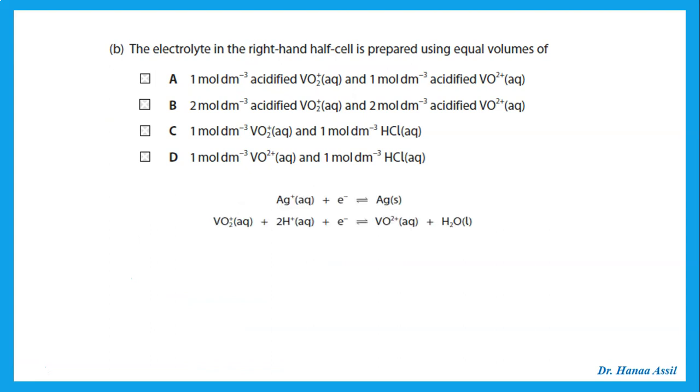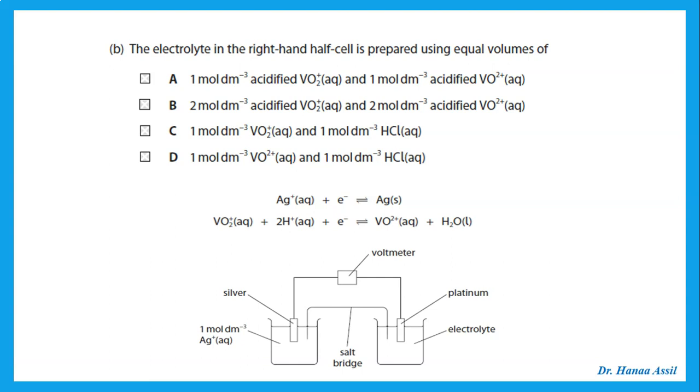Then the second part of that question says the electrolyte in the left-hand half cell is prepared using equal volumes of what? So if we have these equations and this was the half cell, now I want to make equal volumes of what for the right-hand half cell. Now the right-hand half cell has the VO2 positive to give VO2 positives.